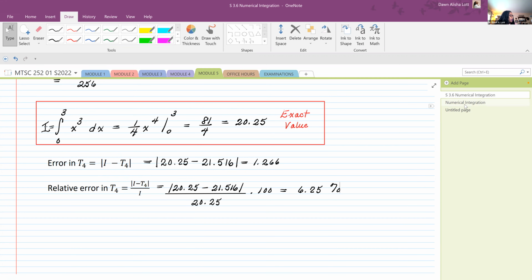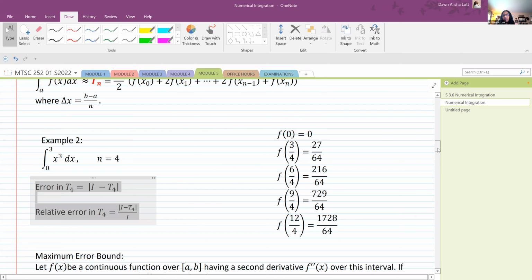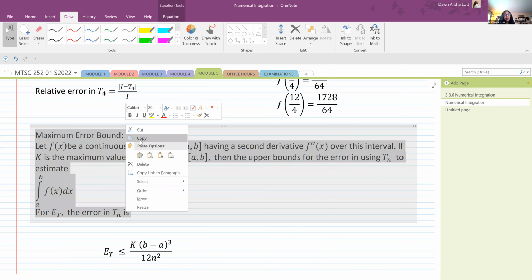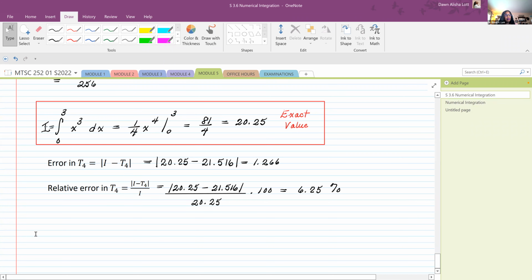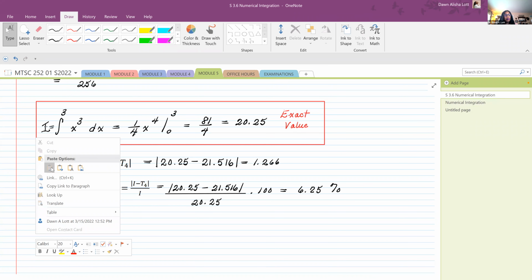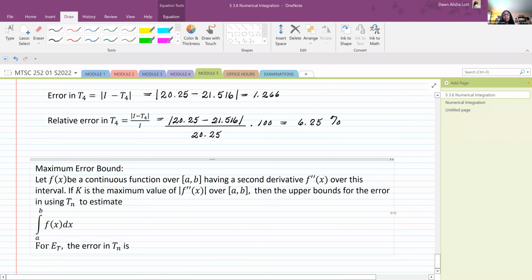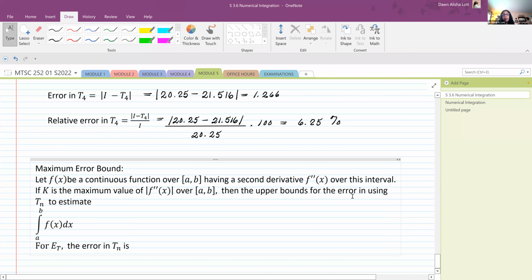Give you a minute to get that down. So just like the midpoint rule, we have an error bound for the trapezoidal rule. It's similar to the error bound for the midpoint rule.